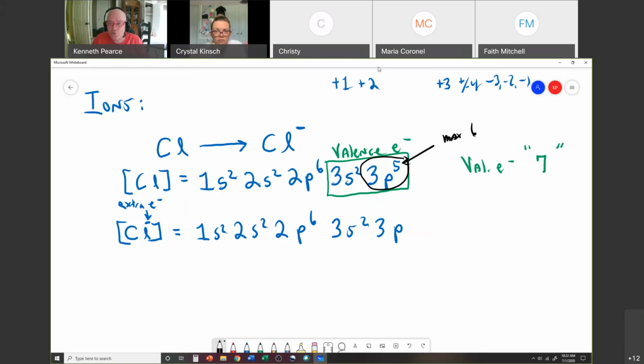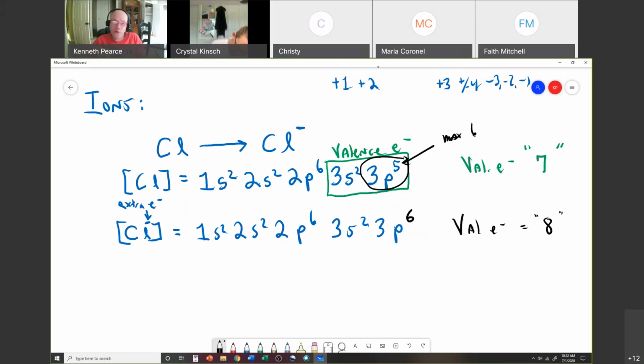And so sure enough, it goes in as 3p6. So the chlorine ion would be 3s2, 3p6. Now the number of valence electrons is 8. There we go, it has 8 valence electrons.